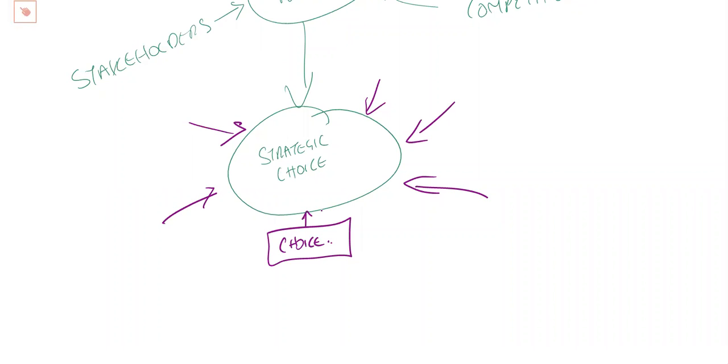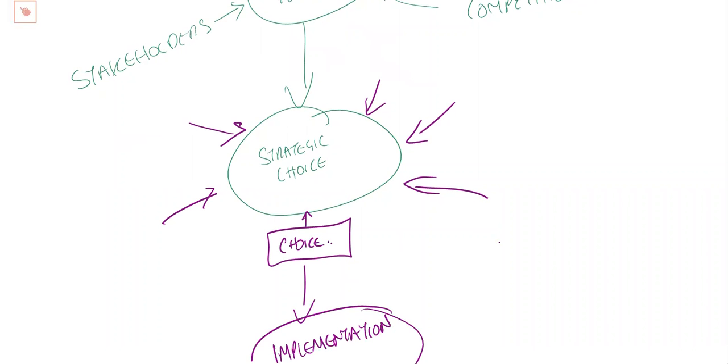Okay, so particular models that we can use to say, okay, well, we've looked at all these different types of strategy. How do we make a decision? What sort of tools or models can we use that will enable us to identify what choice to make? And then once we've made our choice, then we can move on to the next bit, which is looking at implementation, which is way down the line.